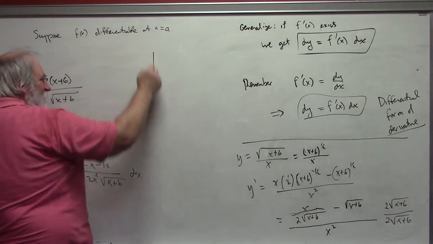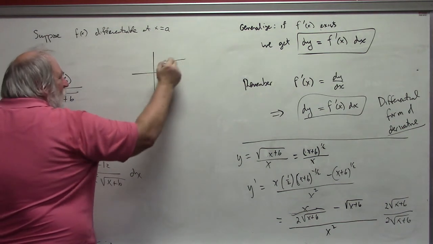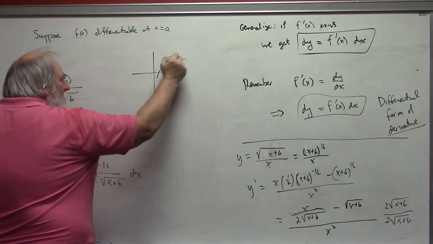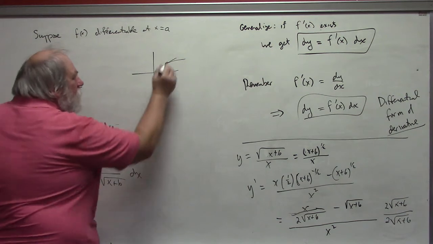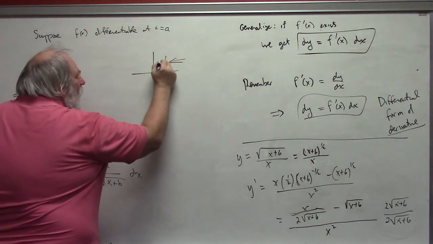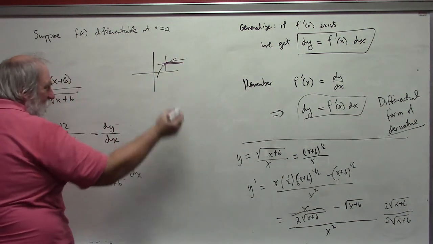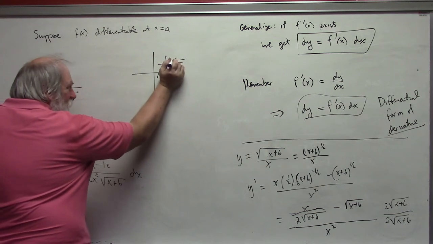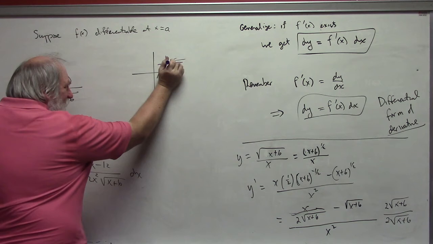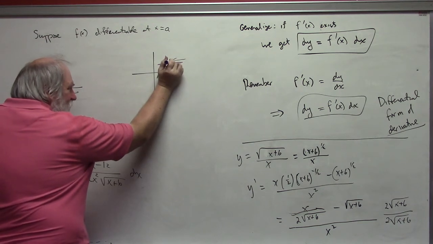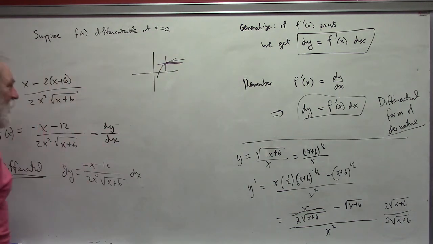Going back to my picture that I erased, we had this new axis, and the question is, what's going to happen to my dy value when I make a small change in dx around that point, whatever my point is.